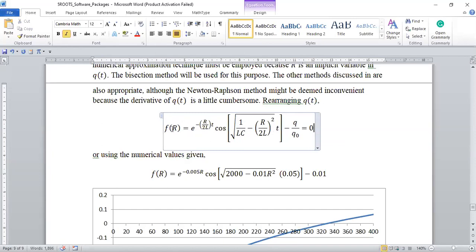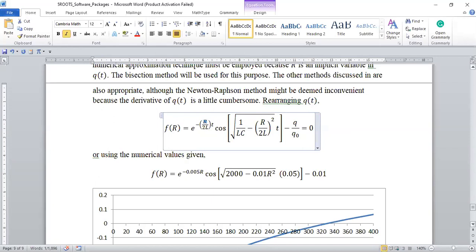So we know the values of everything. We know the time, the inductance, the capacitance, and the percentage charge dissipation. We know all of this, but all we need is R, the resistance. So we equate the problem to finding the roots of the equation.